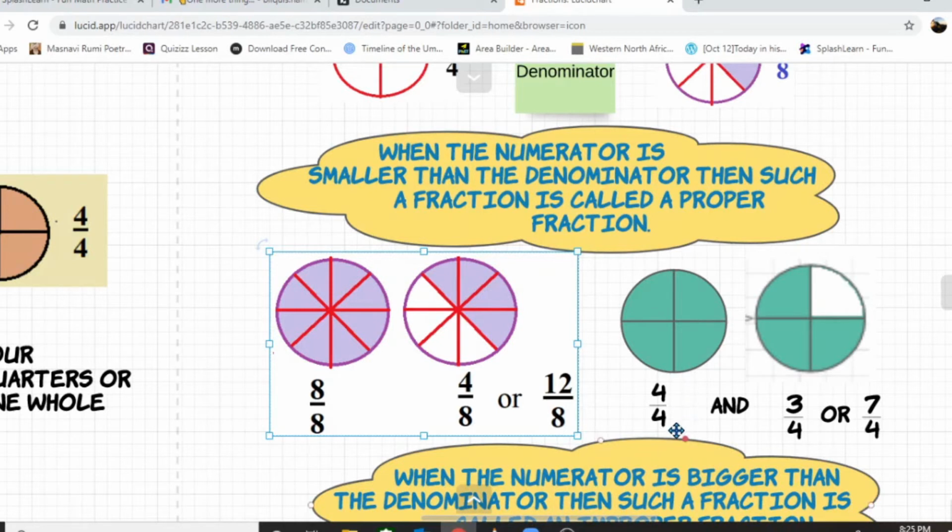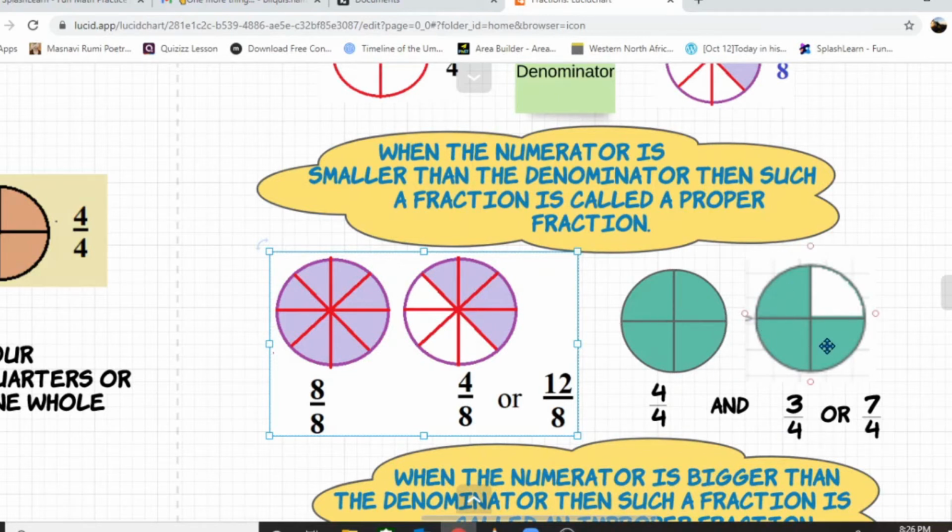Let's see another example for such a fraction. Here we have a circle with 4 equal parts, and all the parts are shaded. So we will represent this fraction as 4 divided by 4. And we have another circle where 3 parts are shaded with total 4 parts.